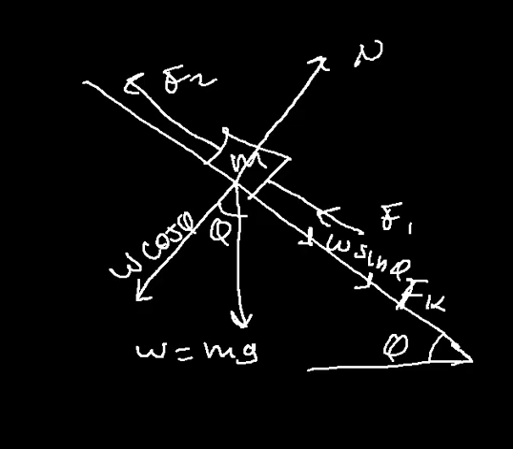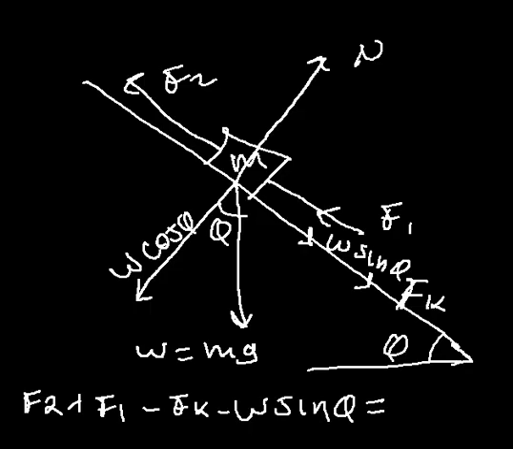So what are the forces acting in the axis of motion? We have F2, which is positive since it is acting in the direction of the motion. We have F1 as that, and minus Fk, which is opposing the motion. And also we have W sin theta, and that will be equal to the mass times acceleration, if the object is accelerating. But if the object is moving at a constant speed, it will be equal to 0.